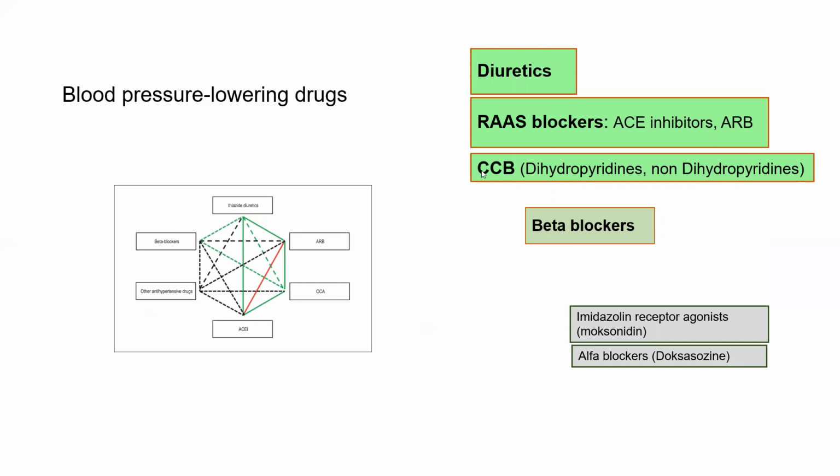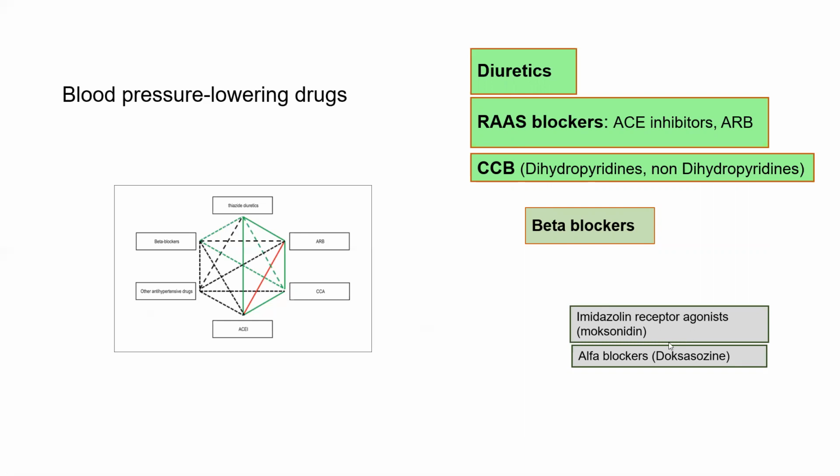The most frequently used medications, the first choice drugs for treatment of hypertension, are 3 groups of medication. First, diuretics, second, RAS inhibitors, and third, calcium channel blockers. Of course, we can also use beta blockers, but in specific groups of patients, in patients with coronary heart disease or heart failure or tachyarrhythmias.